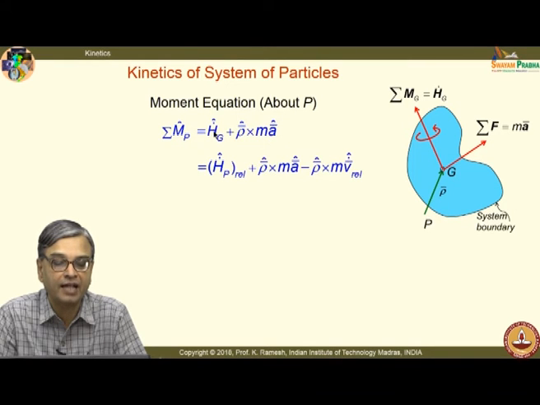Replace h dot g as h dot p rel plus rho bar cross m a bar, minus rho bar cross m v bar dot. This just reproduces the equations that I have written down in the previous slide.